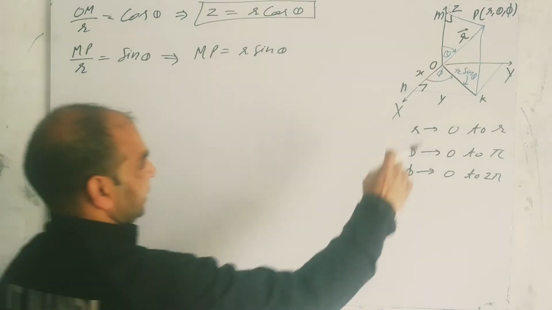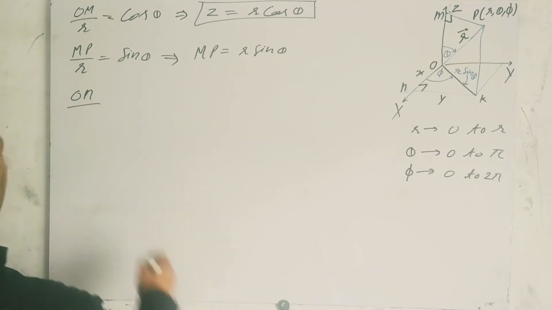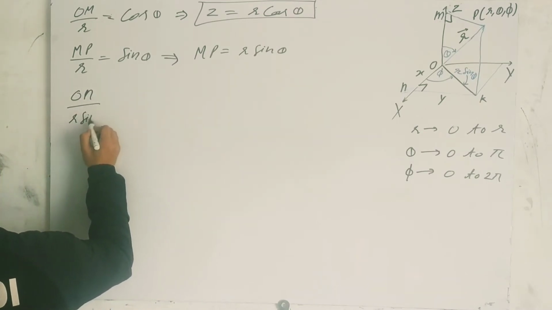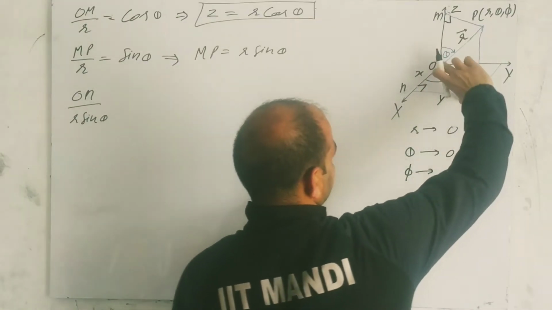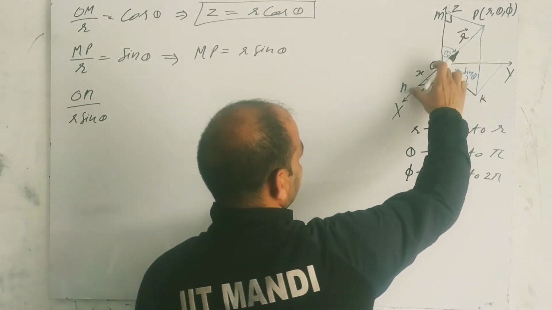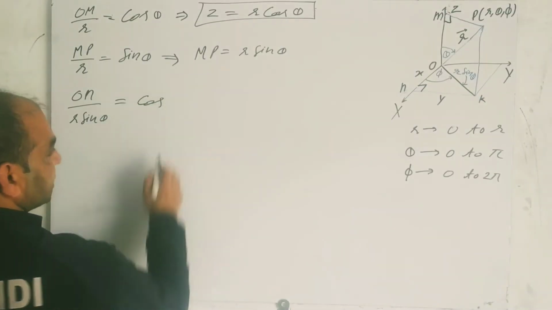So here ON upon r sin theta, because this is base, this is perpendicular, this is hypotenuse. When it is base upon hypotenuse, it is equal to cos.